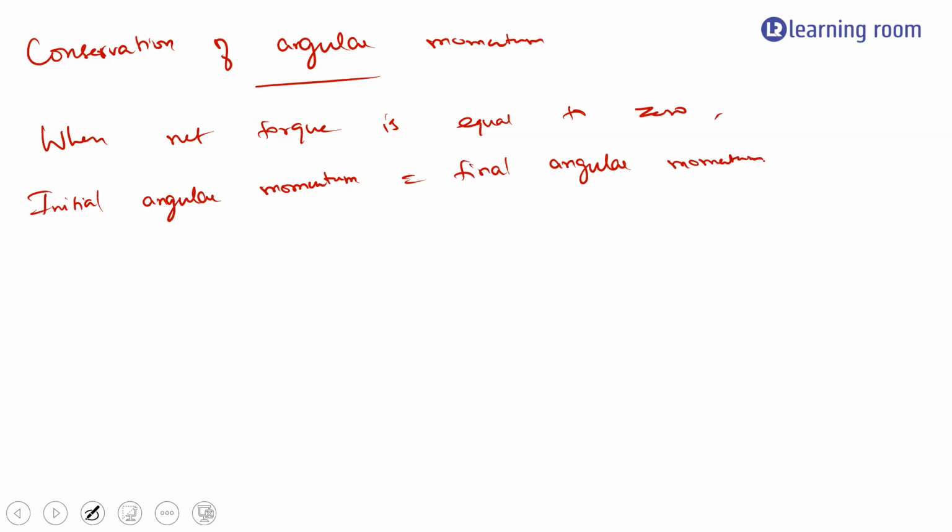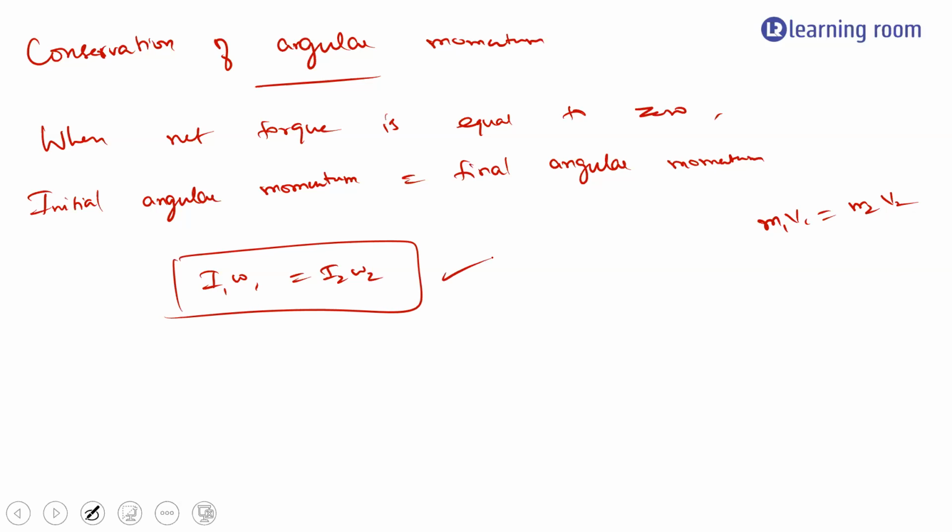You have to understand. That's it. So how do you write it mathematically? For linear, how do you write it? M1 V1 will be equal to M2 V2. So M is supposed to be replaced with I. So I1 omega 1 will be equal to I2 omega 2. This is the mathematical expression for conservation of angular momentum.